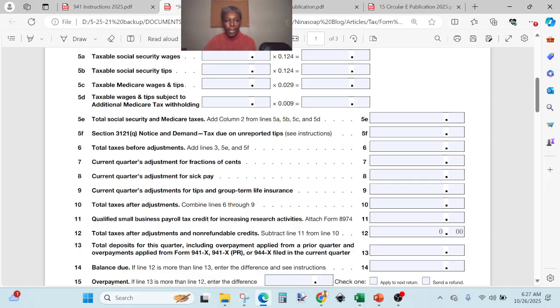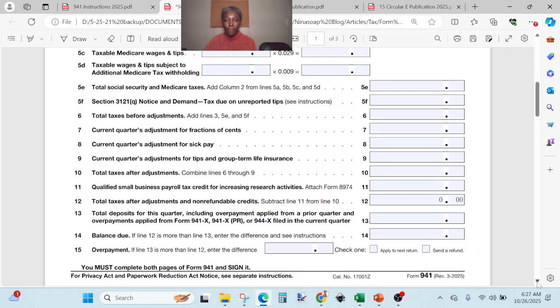So line 11 is a tax credit. If you think your business might be qualified for something like that, you can read the instructions that I recommended you download and save about it. But again, here we are going to assume you do not have any credit to claim, and we leave it blank.